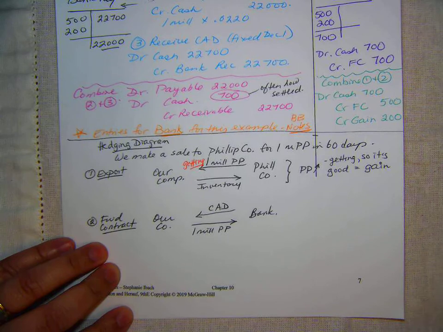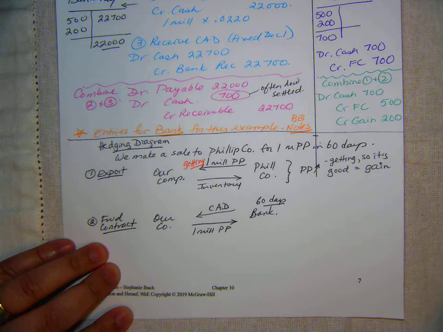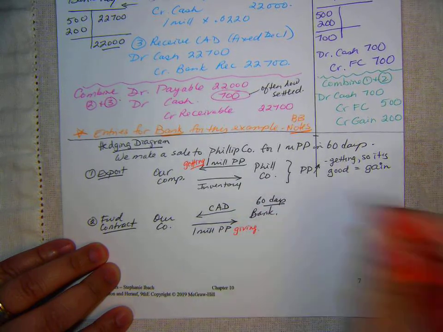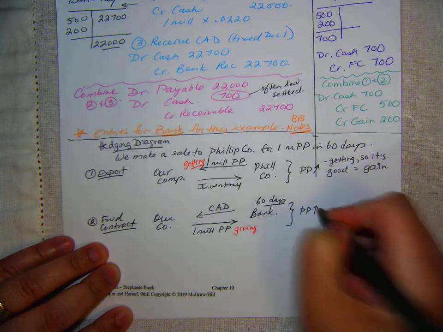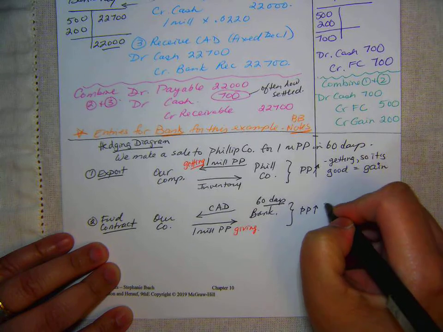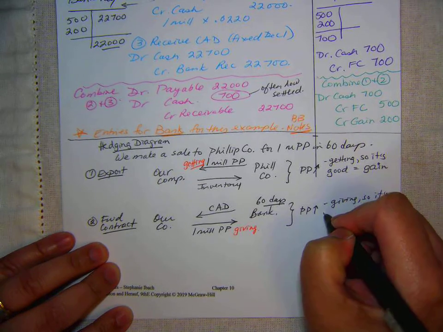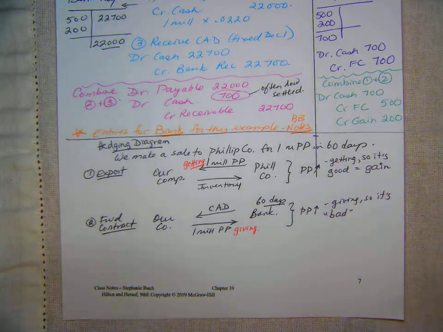So this time we're giving. So if Filipino pesos go up, we're giving. So it's bad. Remember, I'm using bad and good when they're really not judgmental words, okay? Just for you to figure out, is it a loss or gain?